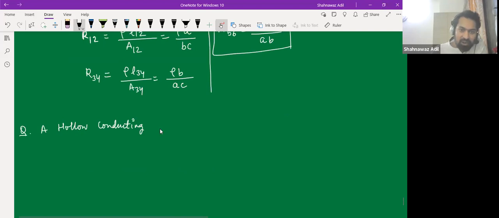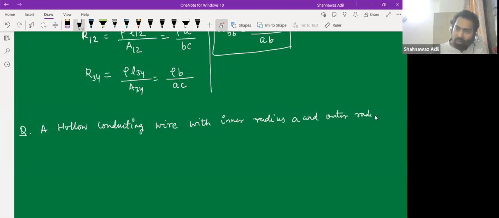Okay, so we have a hollow conducting wire with inner radius A and outer radius B. Then the question is, what is the resistance?